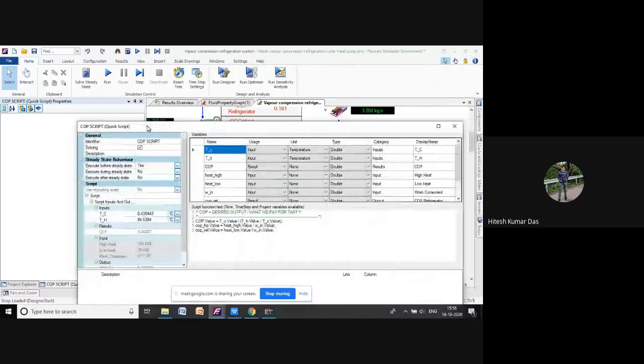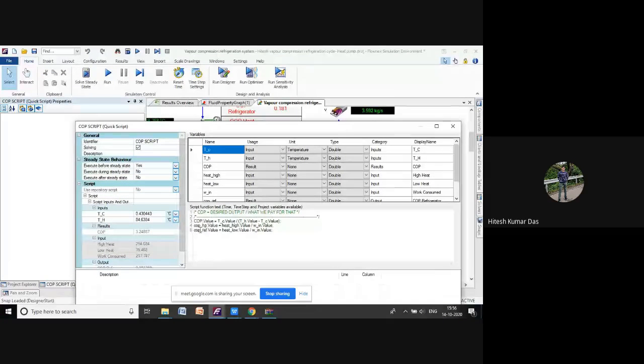So this is the script we have added. For the introduction of the script, all the inputs you can assign here by writing in the display name. What is the name you want to display here, like heat low value, which is the evaporator heat transfer value, high heat value, which is the condenser heat transfer value.